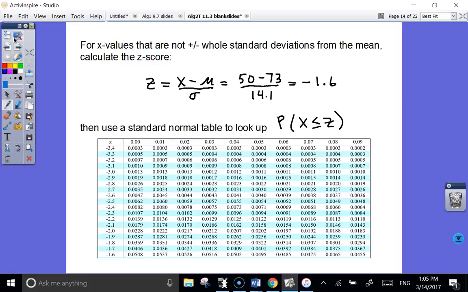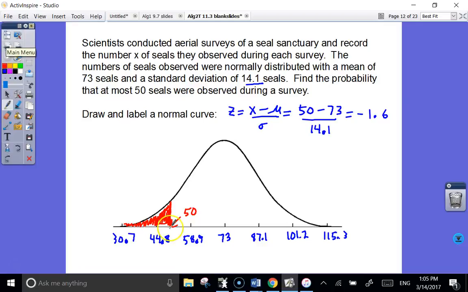So on a z-table, what they're reading off is the area under the curve to the left of that z value. So just like we showed over here, the area under the curve is 0.0548.